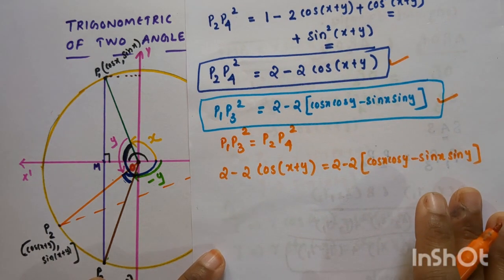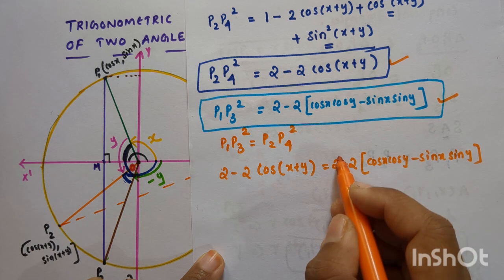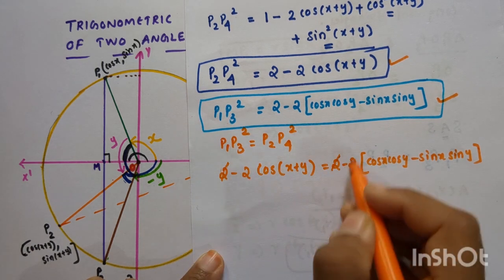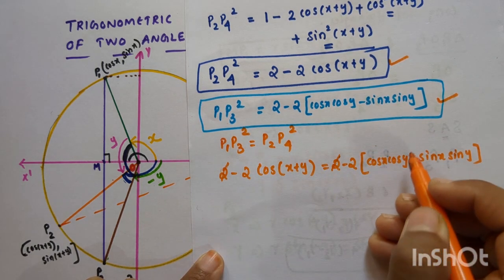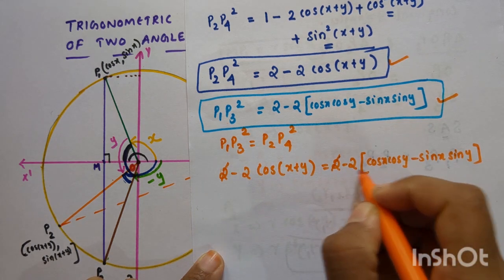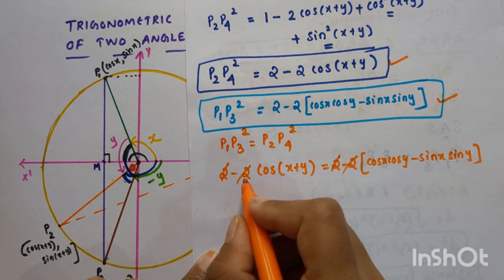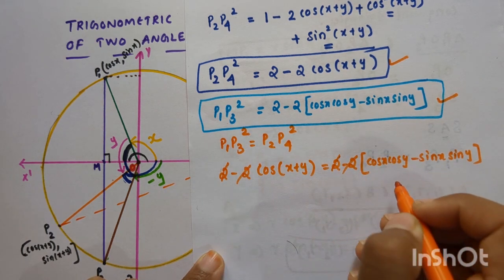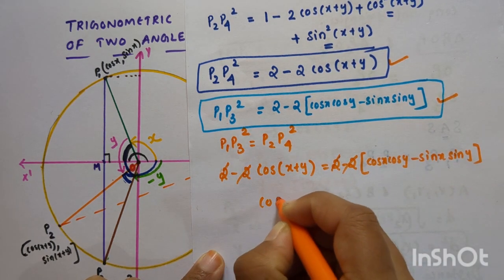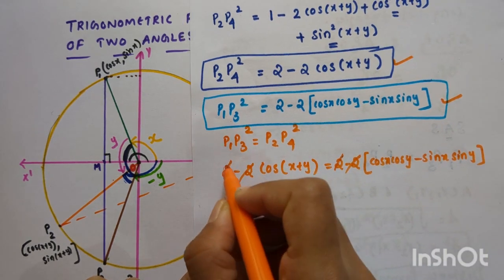When you take this 2 to the other side, it becomes minus 2, so the plus 2 and minus 2 cancel. Then we have minus 2 cos of x plus y is equal to minus 2 times this term. When you take minus 2 to the other side it goes to the denominator, so the minus 2 and minus 2 cancel. I haven't just cut like this.